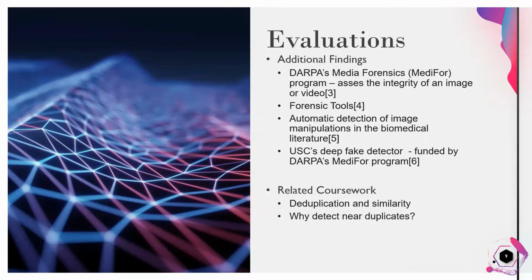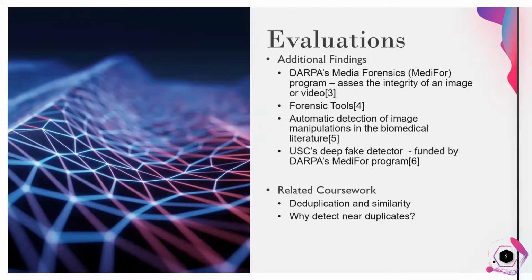Thirdly, I found one paper which is automatic detection of image manipulations. It depicts an entire software pipeline right from scanning the paper as a PDF, converting it into JPEG, clipping out the image portions and detecting the manipulated portions in it.